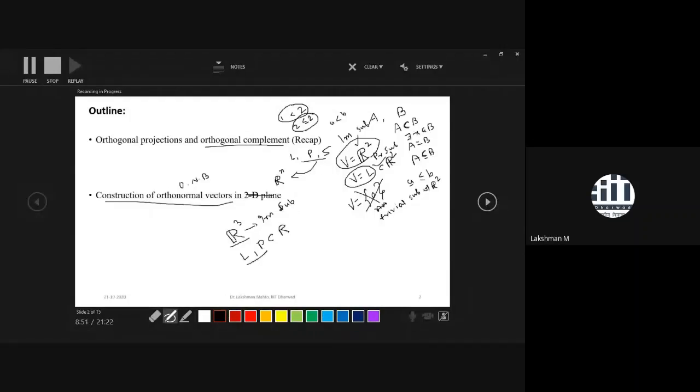Why? Because definitely there exists at least one element in R3 which is not in either the plane or the line. And if you take the singleton set 0, then this one is a trivial subspace of R3.